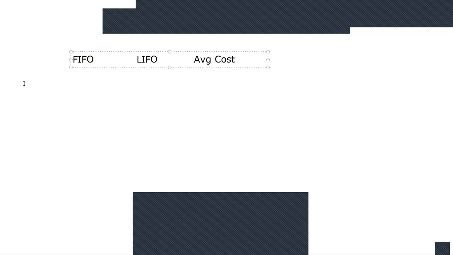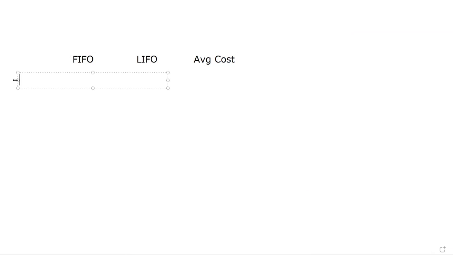Say I buy some milk. I'm going to sell it for $2 a gallon. I'm going to buy milk for $1 a gallon, so I get 10 gallons at $1 apiece.